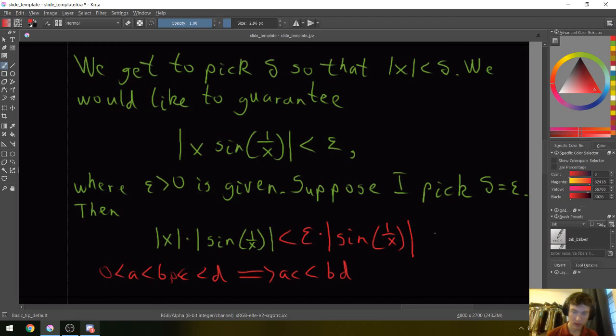So now, if we're trying to find an upper bound for this product, which holds for any value of x, I think it's enough to just ask what is the maximal value that this function, absolute value of sine 1 over x, could possibly achieve for any value of the input x. The largest value that this could possibly achieve is going to be 1.